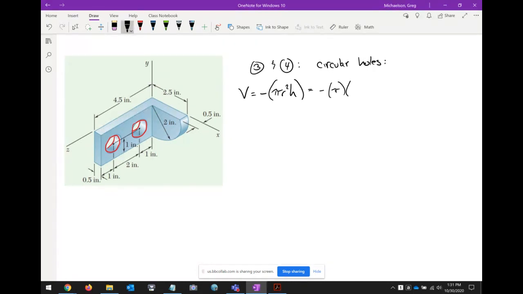The problem said the diameter is 1 inch, so the radius is half an inch. So half an inch squared times the height. The height is the thickness, and the thickness is half an inch. So that's basically pi over 8, I believe. Yep. And that is negative. I'm getting 0.393.